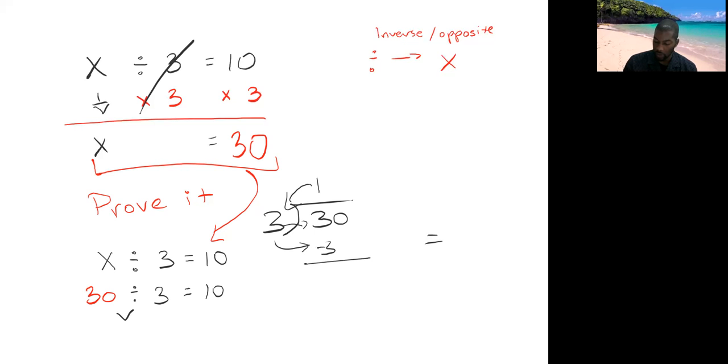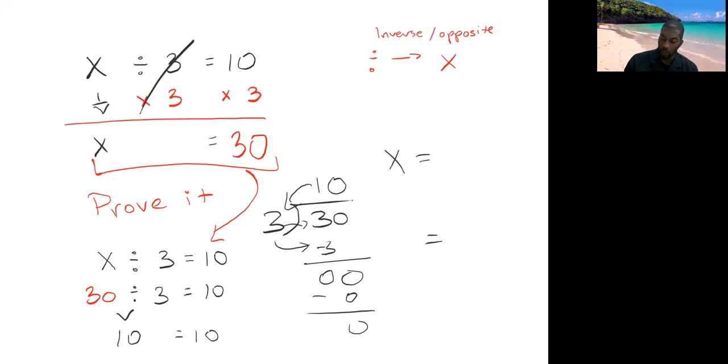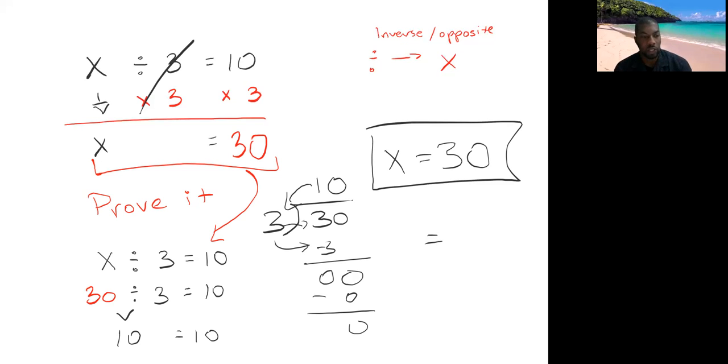Drop the 3. 3 minus 3 is 0. 3 goes into 0 no times. 0 times 3 is 0. Yep, 30 divided by 3 is 10. There you have it. So x for this answer is worth 30. And that's how you use the inverse of division, which is multiplication, to solve division problems.